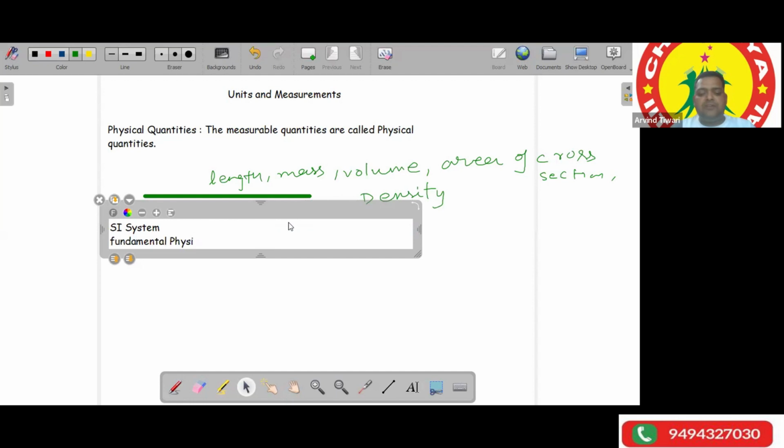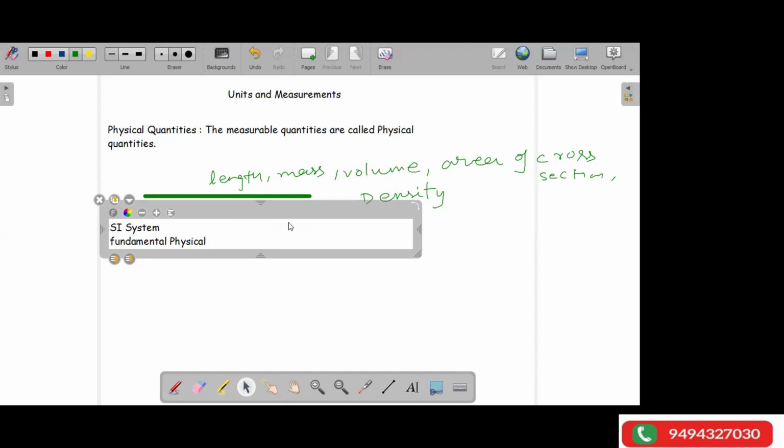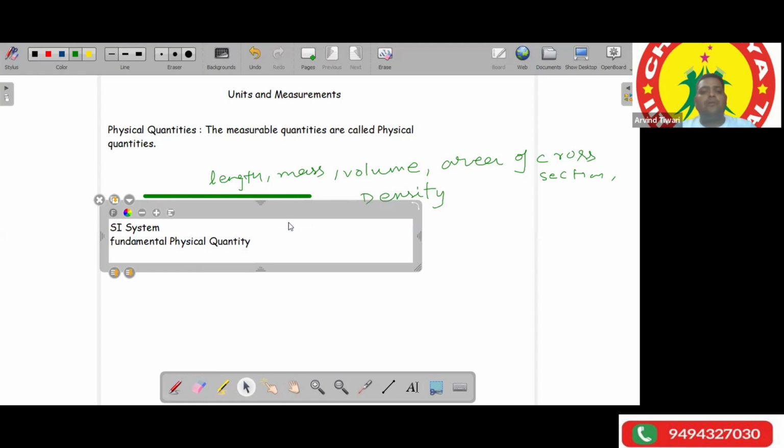So what are fundamental physical quantities first of all? Charge? No. See, fundamental physical quantities are the quantities which do not require any other quantity for their description.